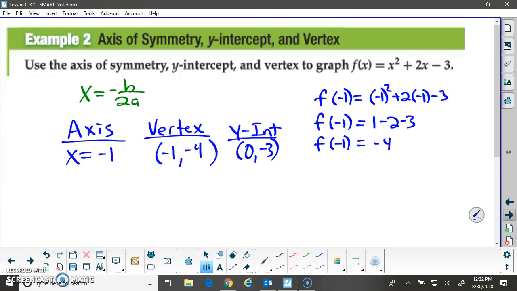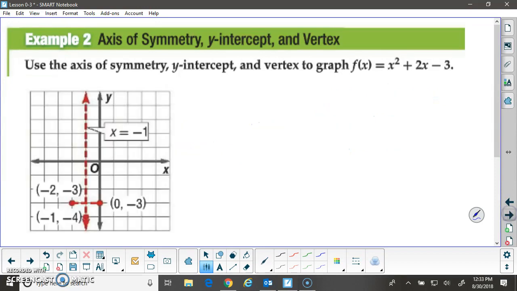So once you know those parts, the axis of symmetry, the vertex, and the y-intercept, then it's pretty easy to make your graph. You can see here we've got the axis of symmetry, this red vertical dashed line at x equals -1.